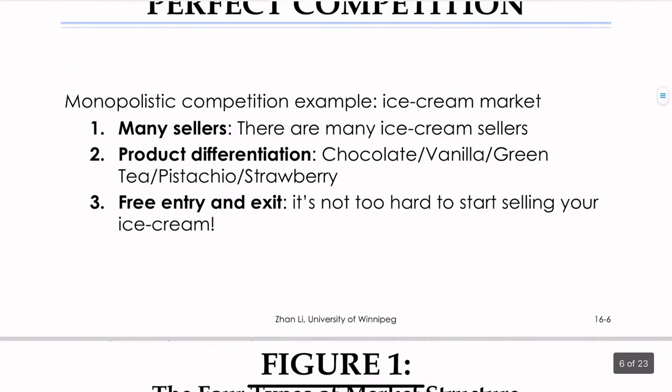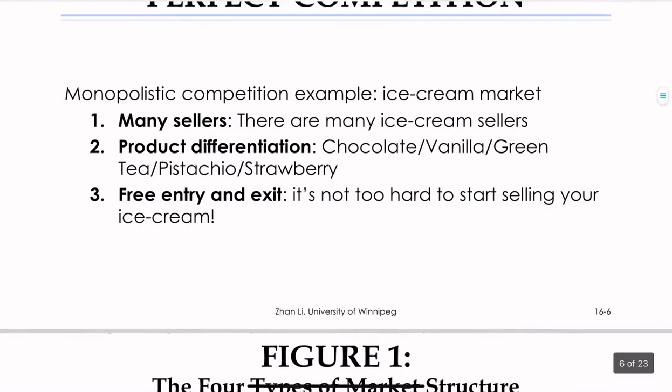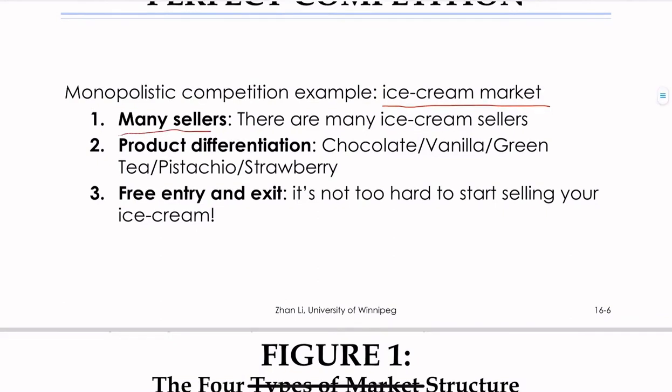Okay. Now let's look at a very simple example. Let's consider the ice cream market. First, we consider this market as a monopolistically competitive market. The reason is we have many sellers, right? There are many ice cream sellers.